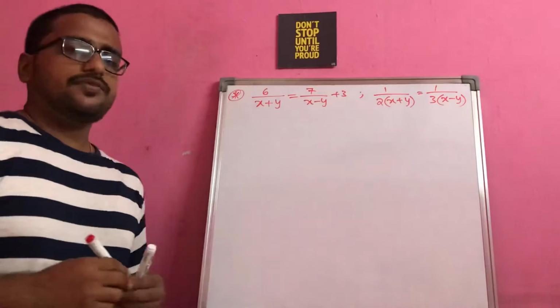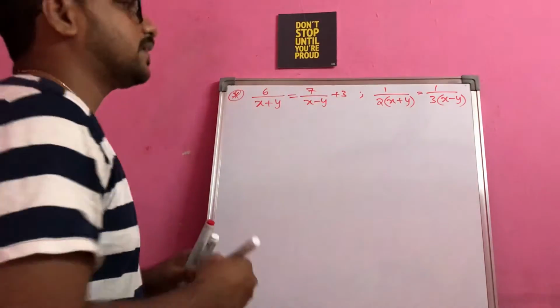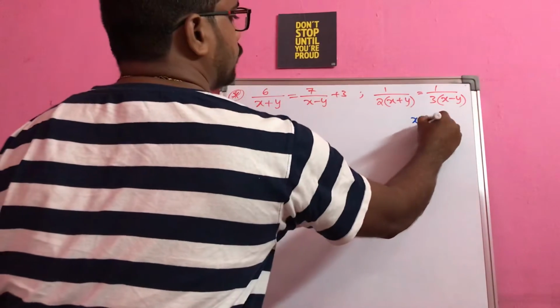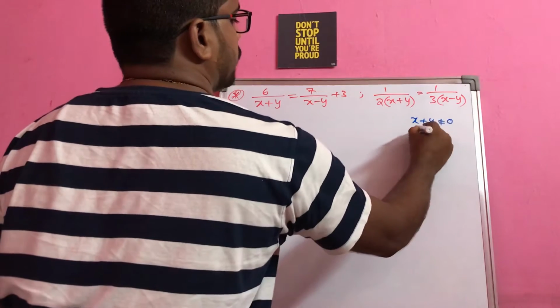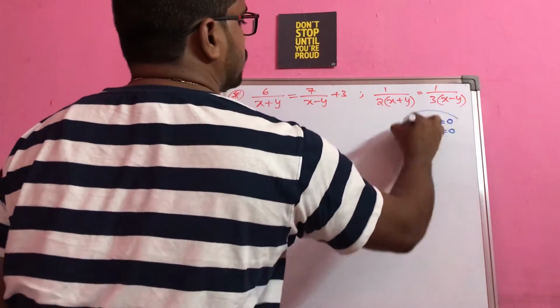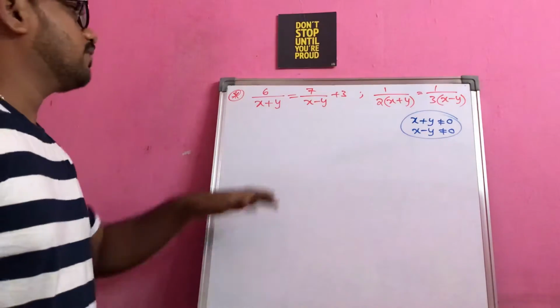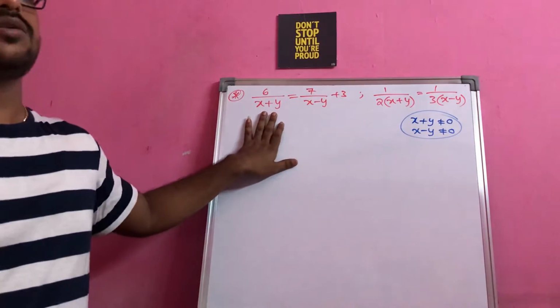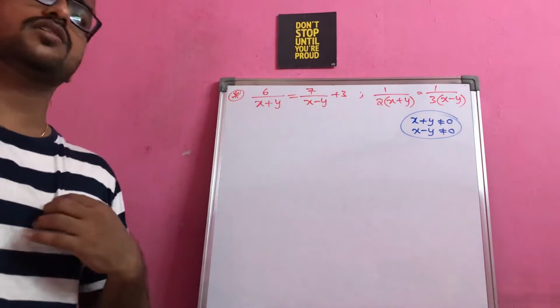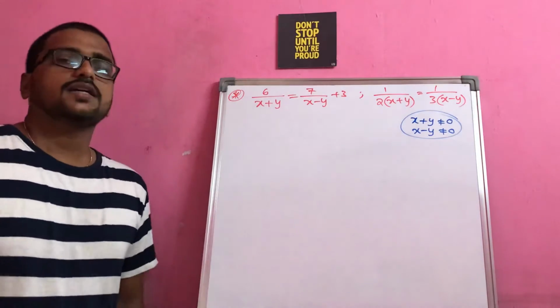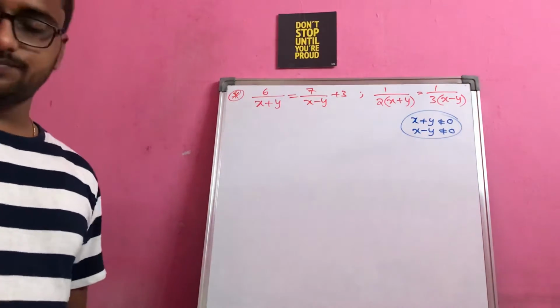So obviously for this type of questions they will mention some conditions like x plus y should not be equal to 0, x minus y should not be equal to 0, like this they will give the condition. Reason is very simple. You might be aware that these terms are in the denominator, they should not be equal to 0 because it will result in infinity that we cannot place in an equation, right?